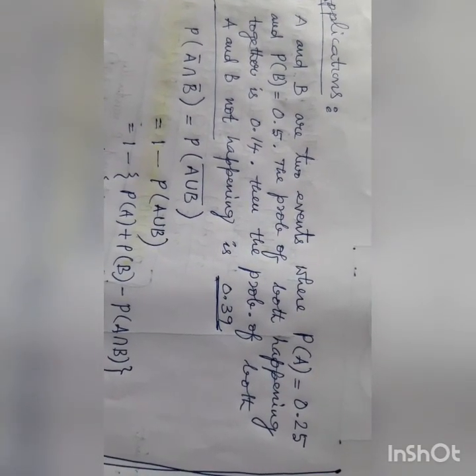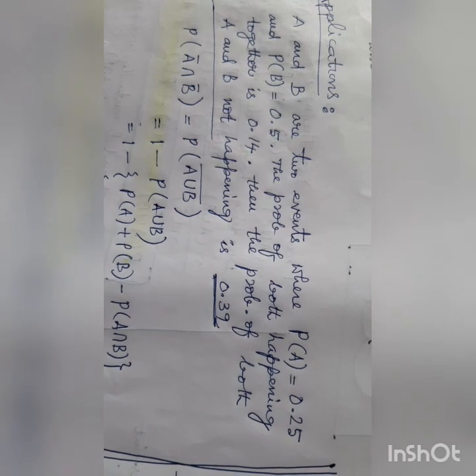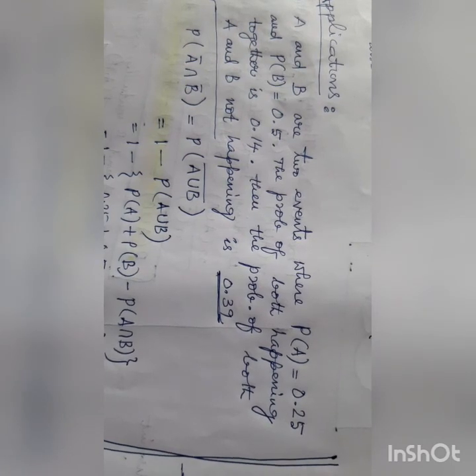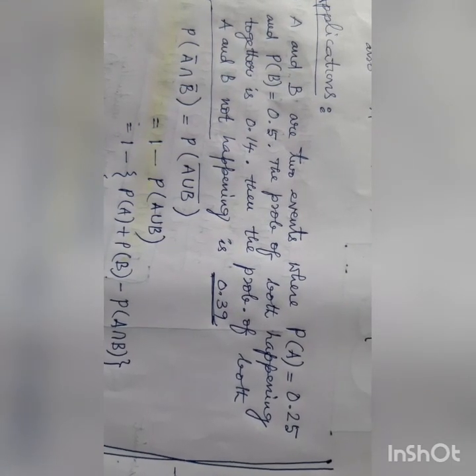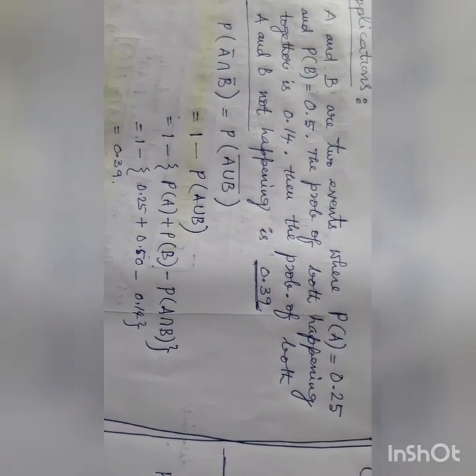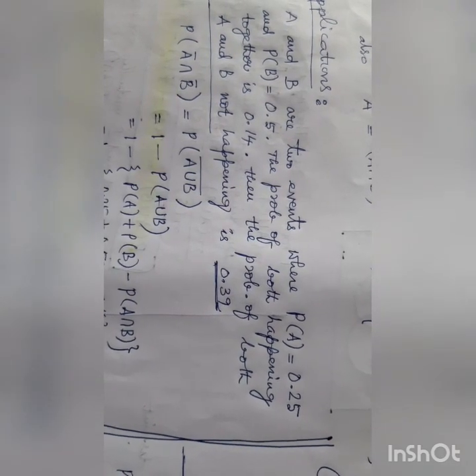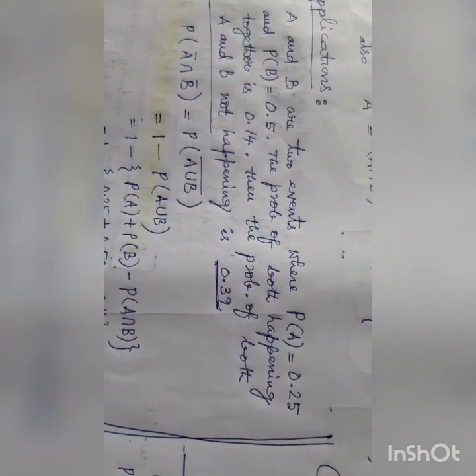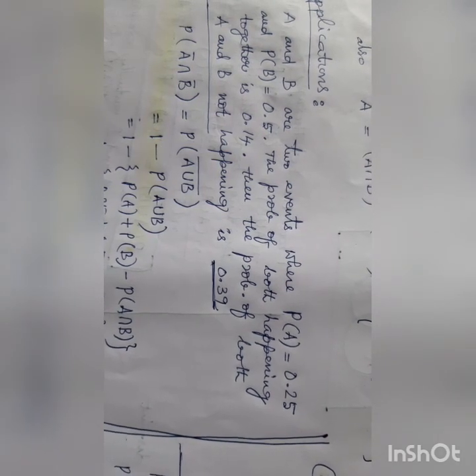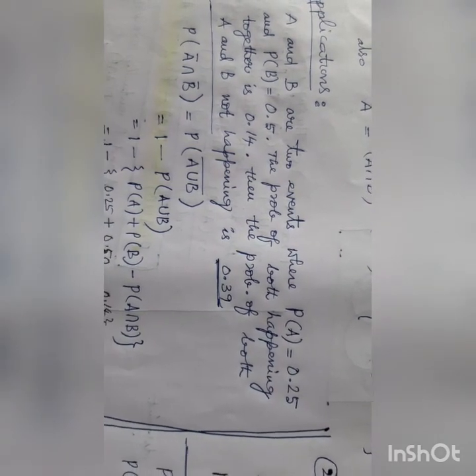The probability of both happening together means P of A intersection B, which is 0.14.